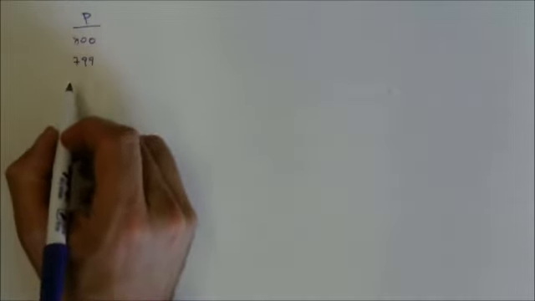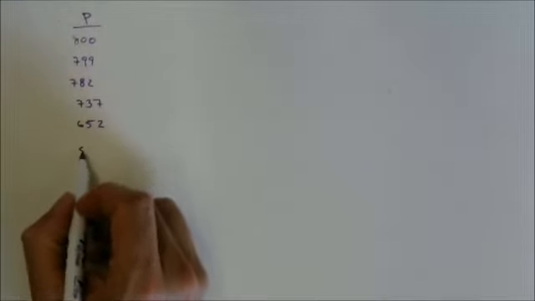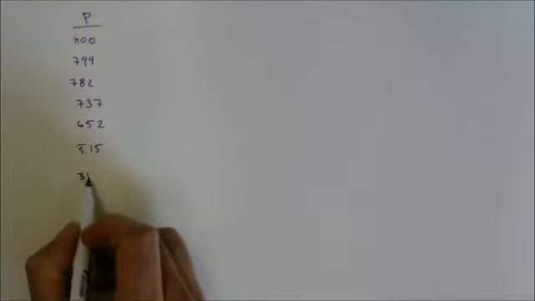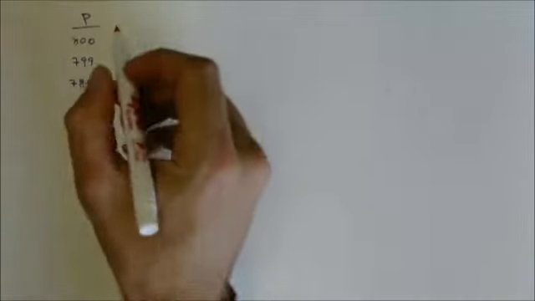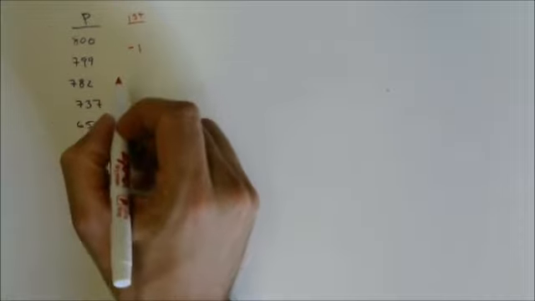Here we go. 800, 799, I'm just doing the population column. 782, 737, 652, 515, 314, 37, and by now you probably have all your differences done already. First difference, -1.